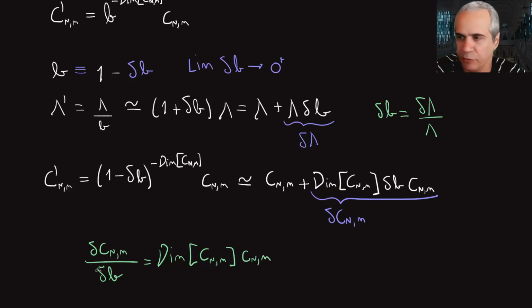Now I just have to replace delta B by delta lambda that I have from here.